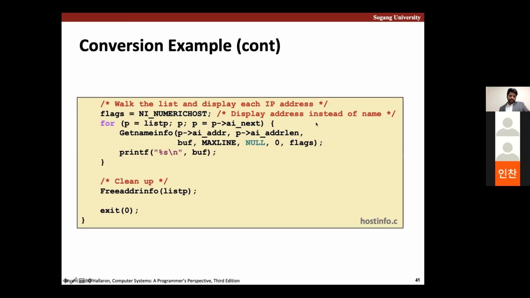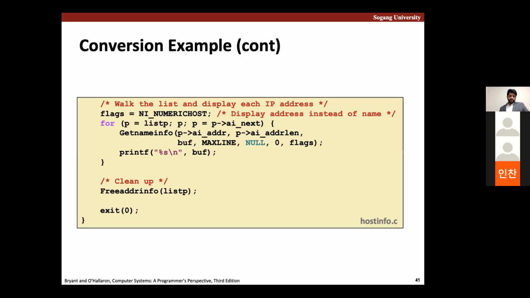After we are done with the call to getaddrinfo, we walk the list of address information structures using getnameinfo, the method that we have recently seen, to convert each socket address to a dotted decimal address representation format. After walking the list, we are careful to free it by calling freeaddrinfo, the helper method that we have seen a couple of slides back.